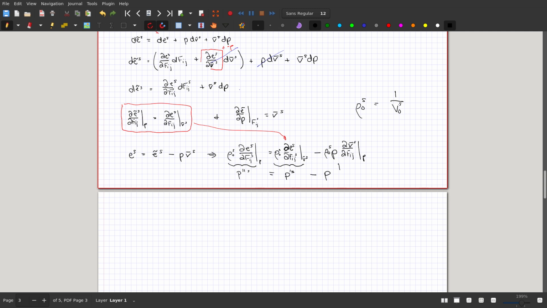So then I have 1 over V0 partial V of S partial Fij evaluated at constant P.